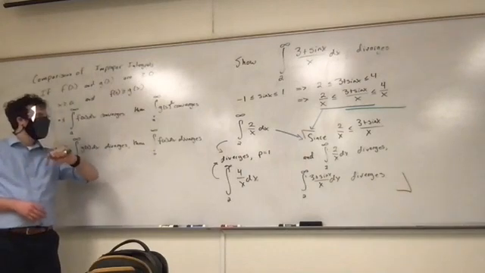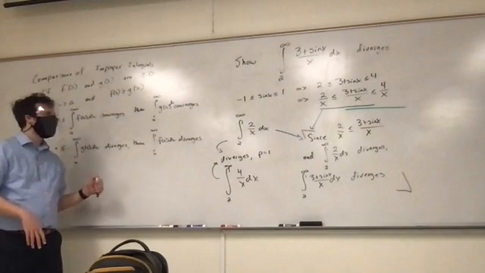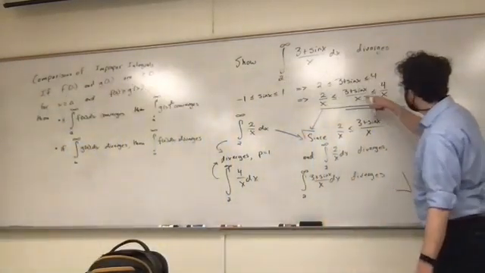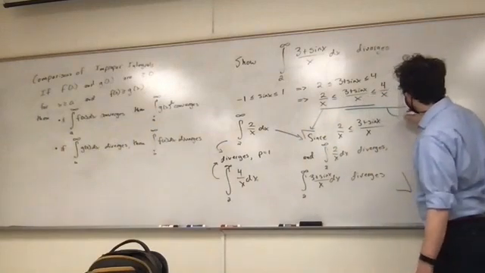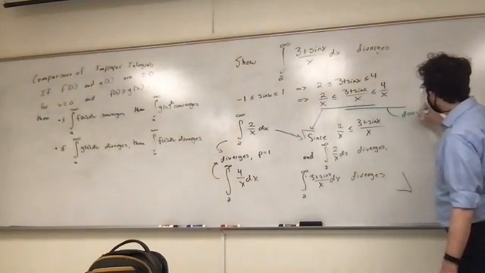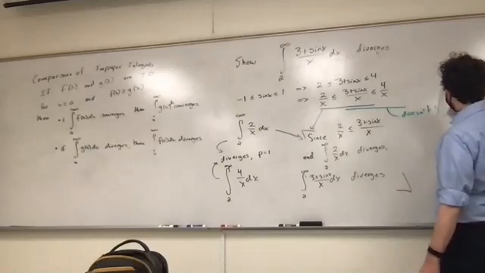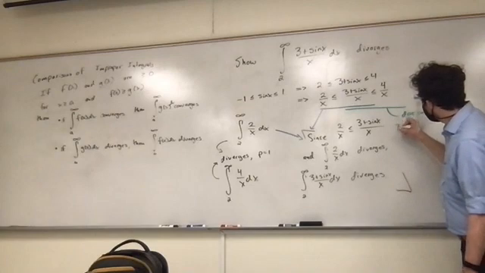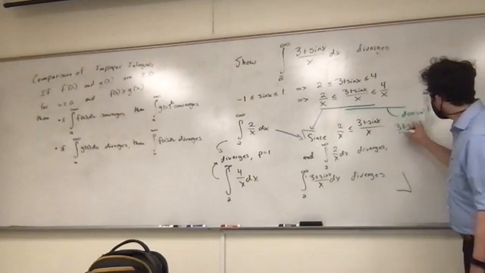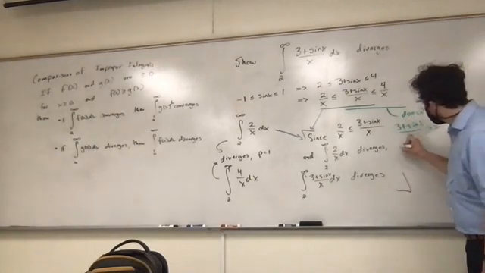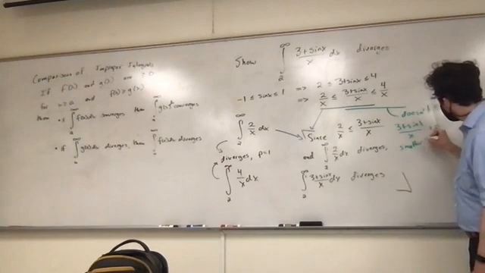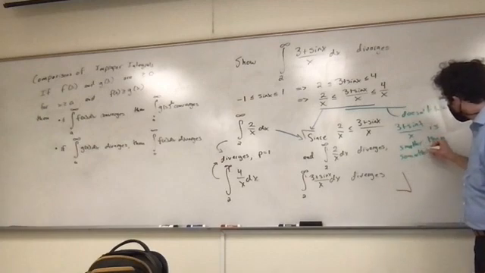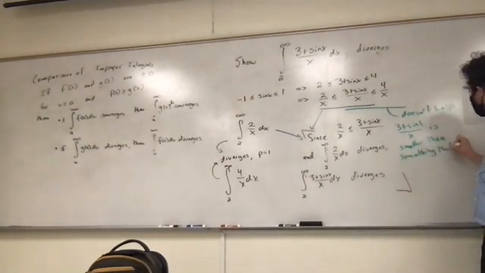And maybe as a point on that last kind of question, this inequality here doesn't help, because what this is saying is that 3 plus sine x over x is smaller than something that diverges.